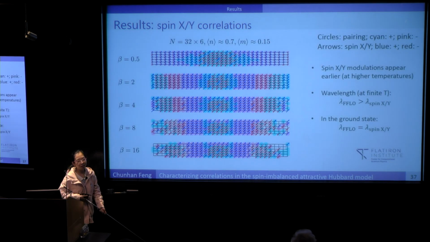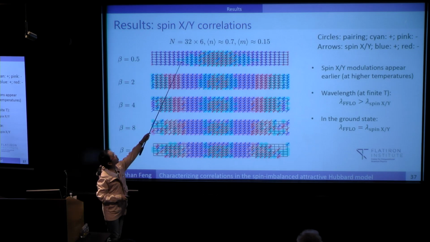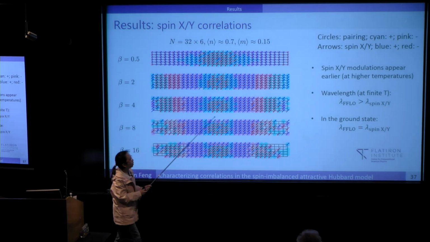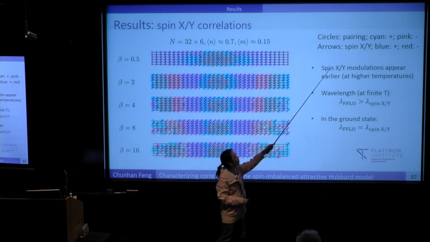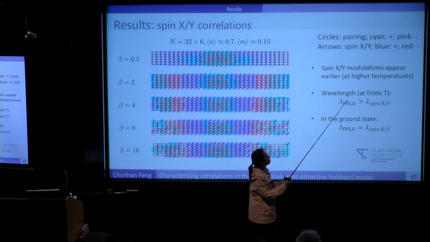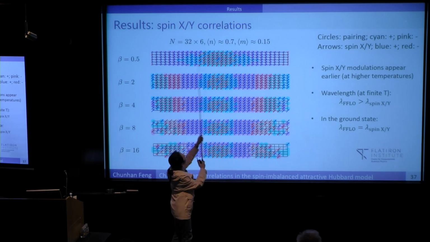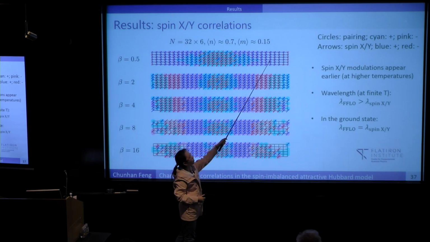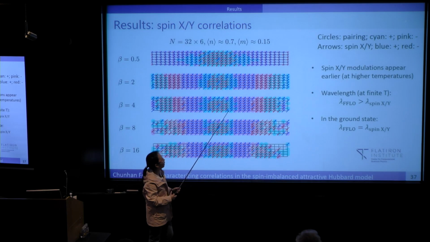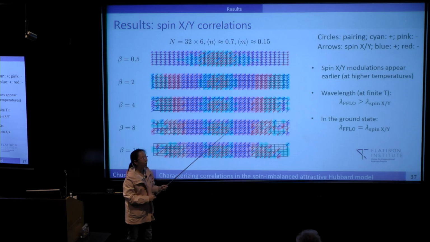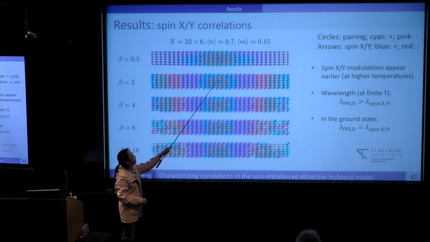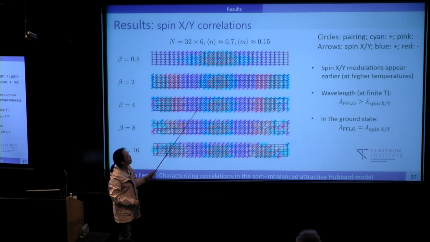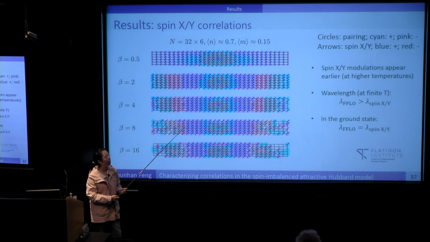Here are some actual results for different lattice sizes. This is for a 32 by 6 lattice. The colors of the background circles represent the pairing correlations: the cyan color represents the positive one in the middle region here, and the blue color of the background represents the negative one. The arrows represent the sign of the spin correlations: red down arrows represent negative, and the blue up arrows represent positive ones.